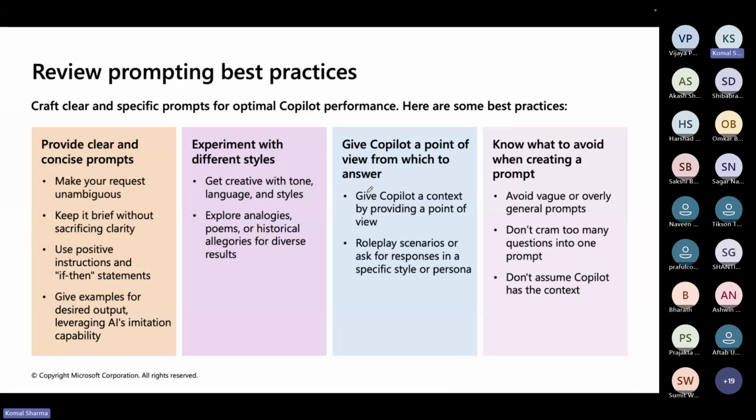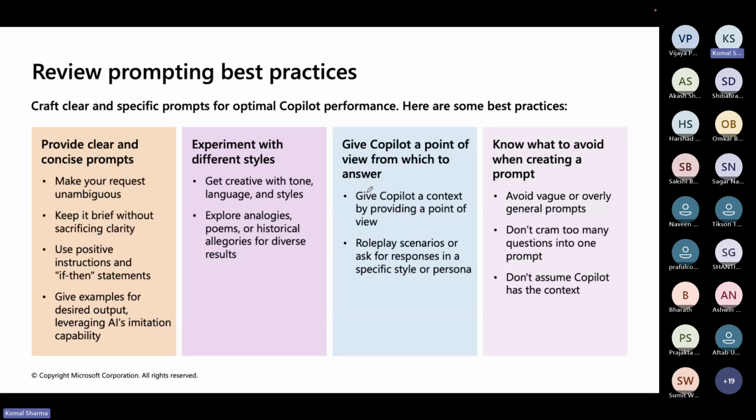Okay, so when you are using your prompts, these are a few best practices I recommend you to follow. So please make it clear what you are putting in the prompt or as a requirement. Do not make it too bulky or put too many sentences in one single prompt. Let's say in my current prompt, that was too many sentences in one prompt only.